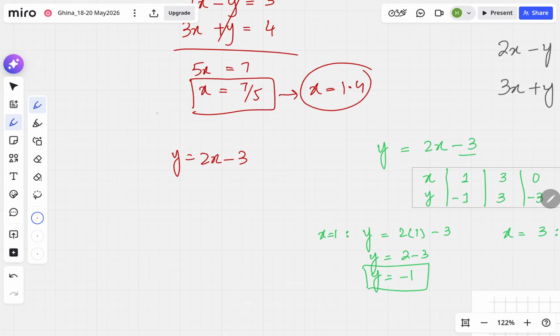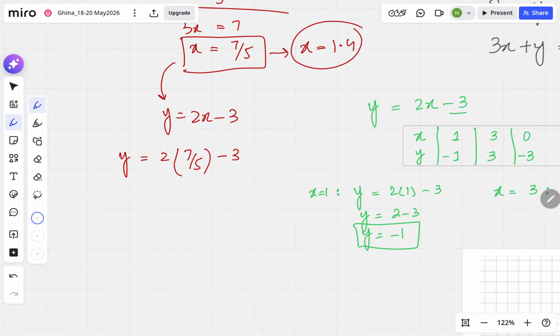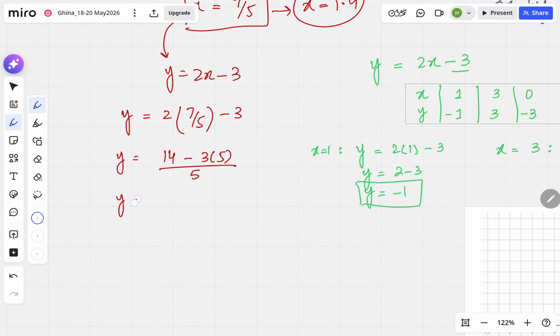I'm putting the value of x in here to get the value of y, and this will become 14 over 5 minus 3, which is 14 minus 15 over 5, and minus 1 over 5 will be minus 0.2, which is the value of y.